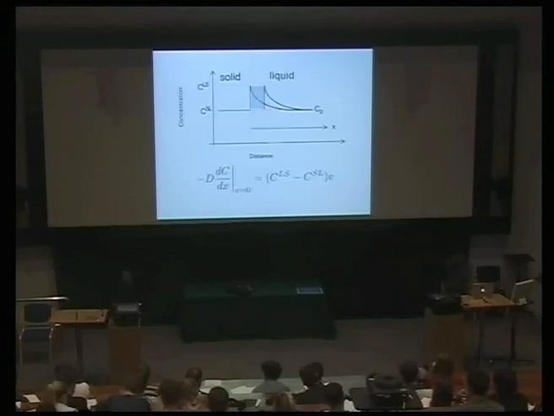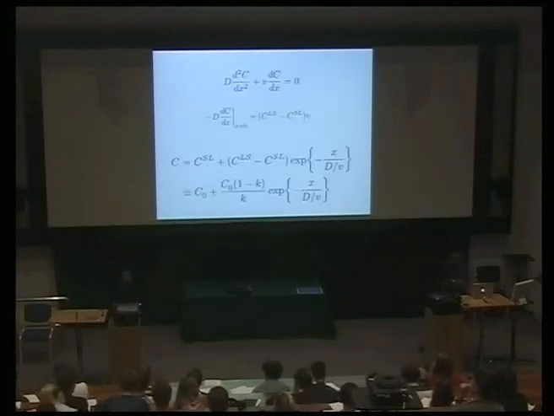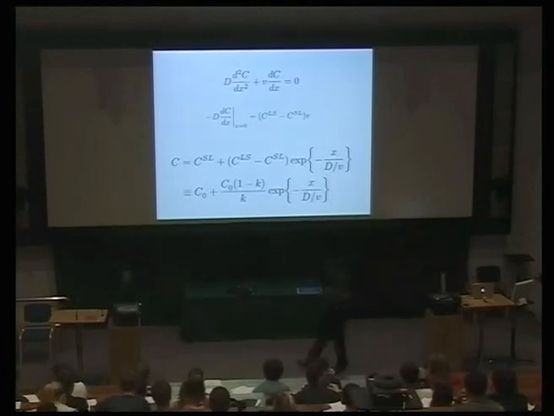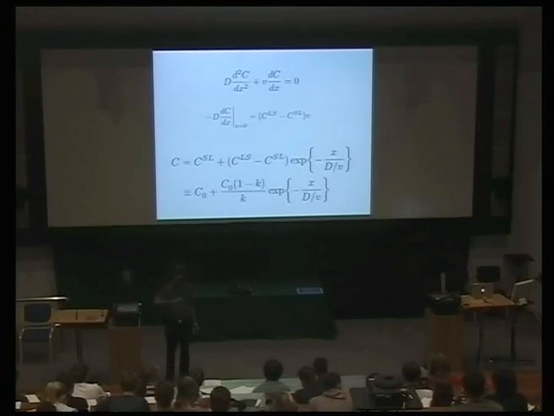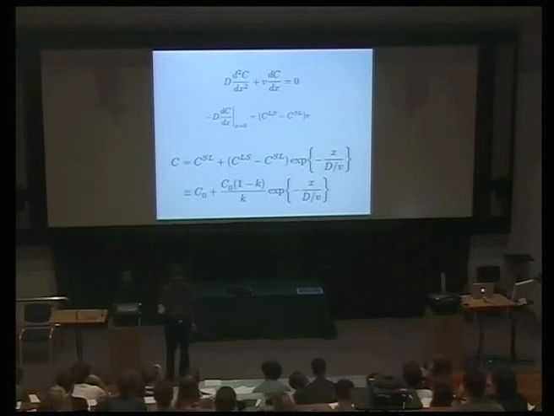So for the case where we have solute diffusing ahead of the interface, you've seen that the interface velocity is more complicated, and that's reasonable because not only has the interface got to move with the transfer of atoms across the boundary, but you've also got to diffuse solute because the composition of the solid is not the same as the composition of the liquid. And therefore, you get a concentration profile ahead of the interface.